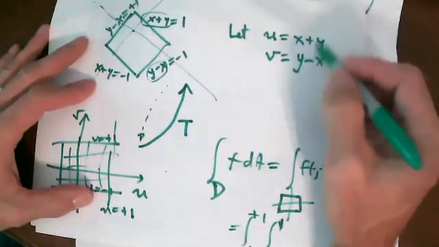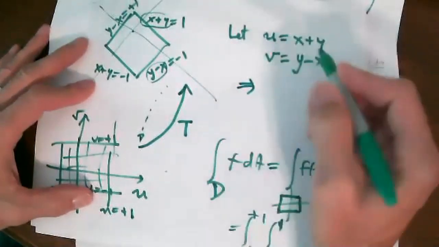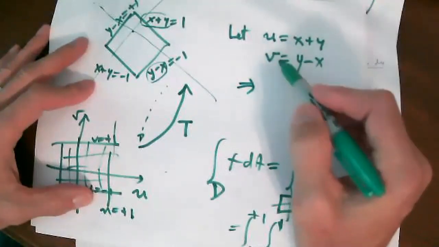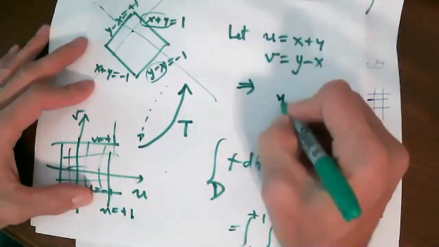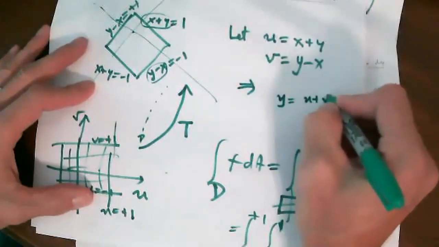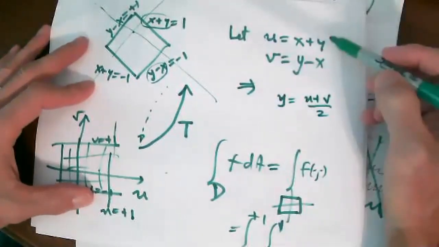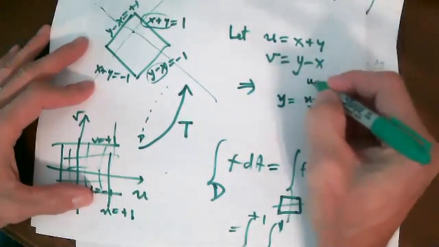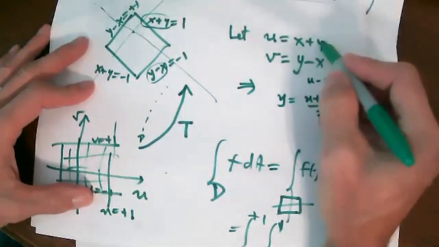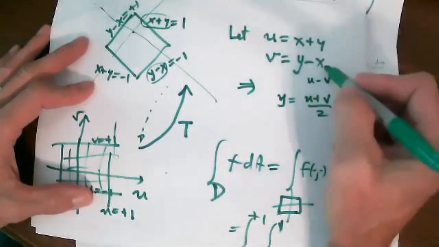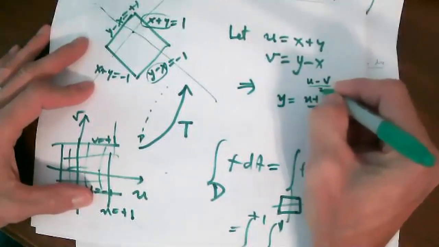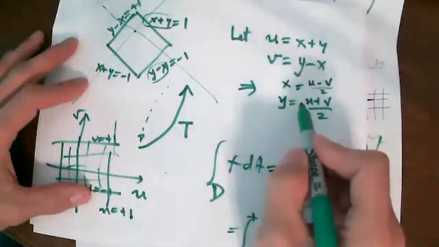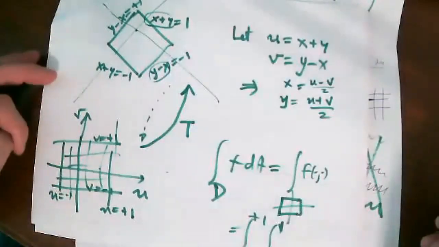If you add these two equations, they would simply say that 2y is what you get with u plus v, so y is equal to (u plus v) over 2. And if you take these two equations and subtract the top one minus the bottom one, then all that will be left on the right-hand side will be a 2x. And if I divide by 2, that will give me my x coordinate. So this is the formula that you need for the transformation capital T.